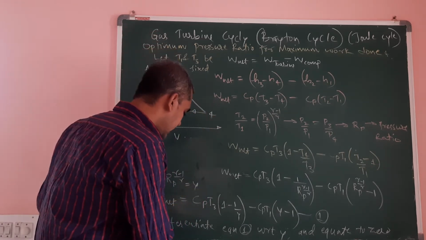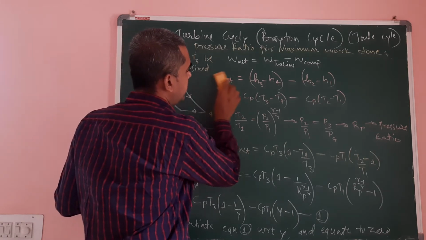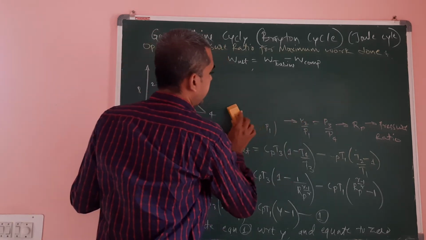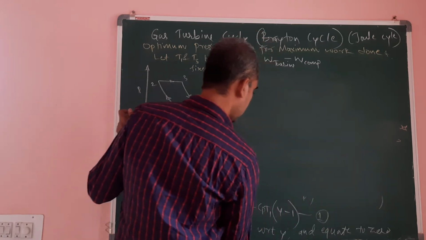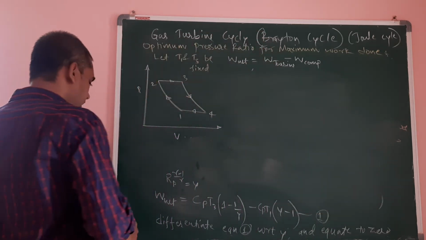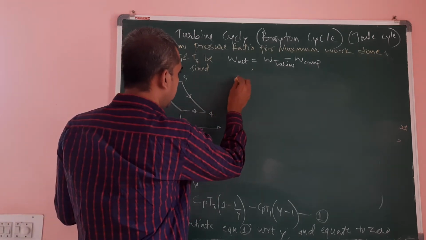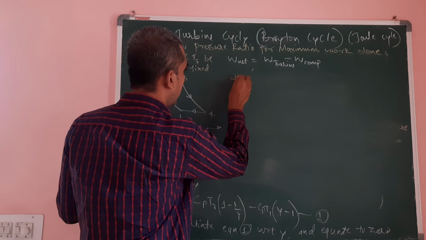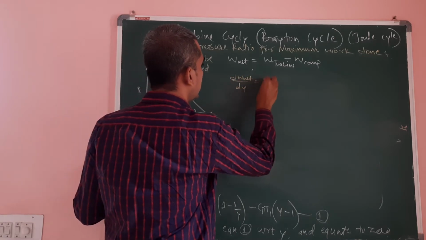Now differentiating this with respect to Y, it will be d of W net divided by dY, and it is equal to 0.